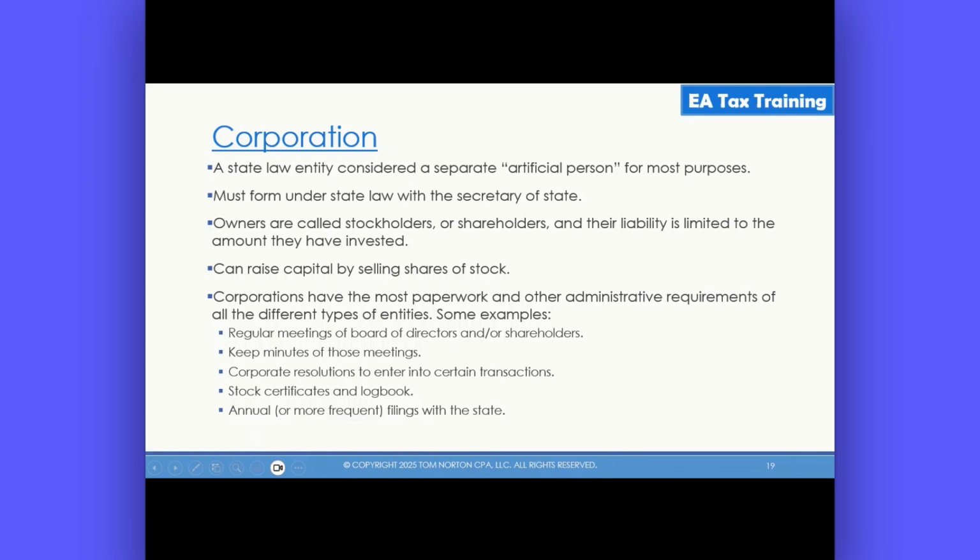So here's what can happen if you don't keep up your corporate book and you don't follow all of these formalities. Let's say the business does in fact get sued. What can happen is the lawyer who is suing you, they can come and look at all of your records, and they can get copies of your corporate book and all of these records. And if you're not doing all of these things that you're supposed to do, then they can go to the judge and say, hey, look, they are a corporation in name only. Yes, they went to the state and they filed for a corporation, but they're not acting like a corporation.